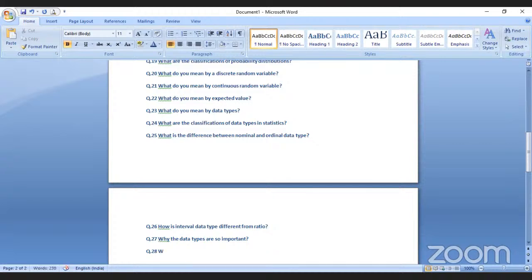We talk about the interval and ratio data type. There we talk about absolute zero value. So what do you mean by an absolute zero?